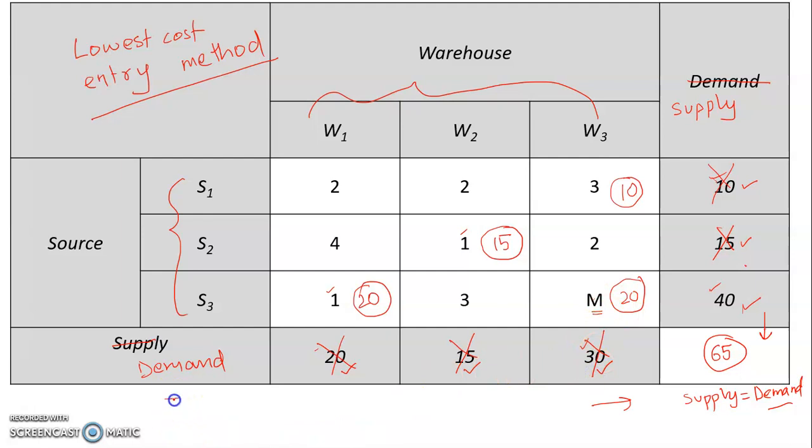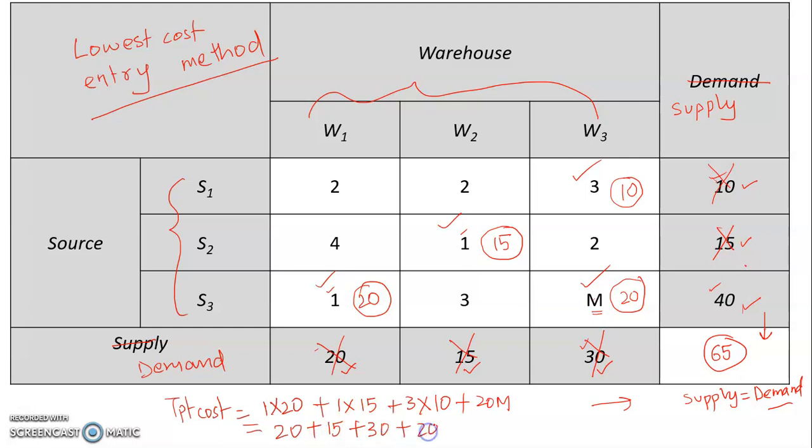Now if I calculate the transportation cost here, it is going to be 1 times 20 from this cell, plus 1 times 15 from this cell, plus 3 times 10, since 3 is the per unit cost and 10 units are shipped, and this is a lost shipment costing 20 times M. So you can see it is 20 plus 15 plus 30 plus 20M, and it totals to 65 plus 20M.